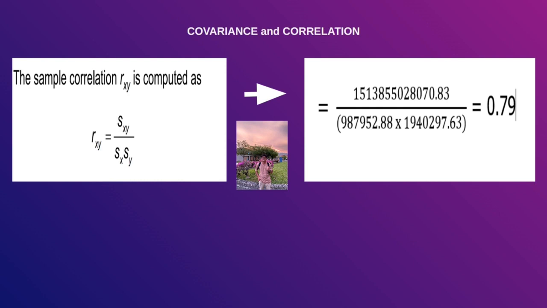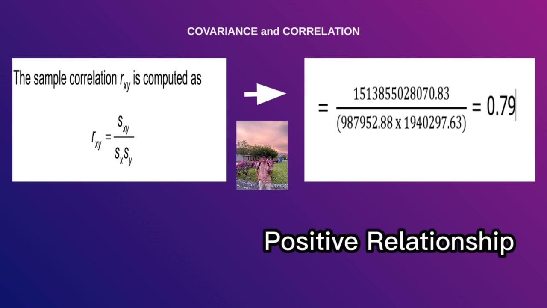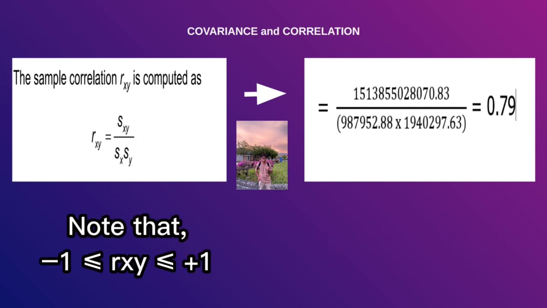So we know that the domestic and international have a positive relationship, because we know that -1 is less than or equal to correlation, and less than or equal to +1. So the correlation that we get is 0.79. So it's between -1 and +1. So thank you. That's all.